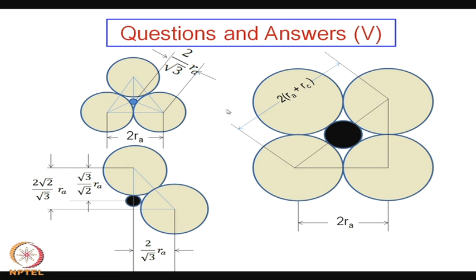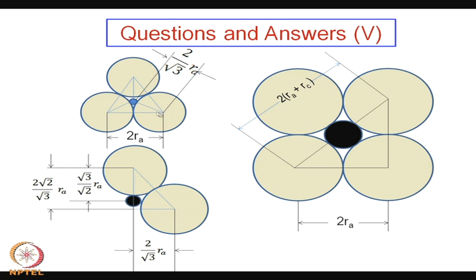Now, here we are taking some sections. This is for the tetrahedron. This is the base of the section, the base of the pyramid, and this is a vertical plane, the vertical section of the same pyramid. If RA is the radius of the anion, these large ions, then this is of course 2 RA, touching along this line.